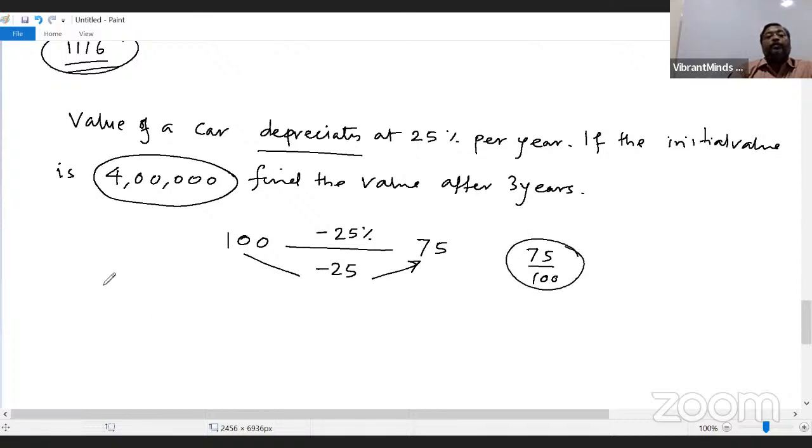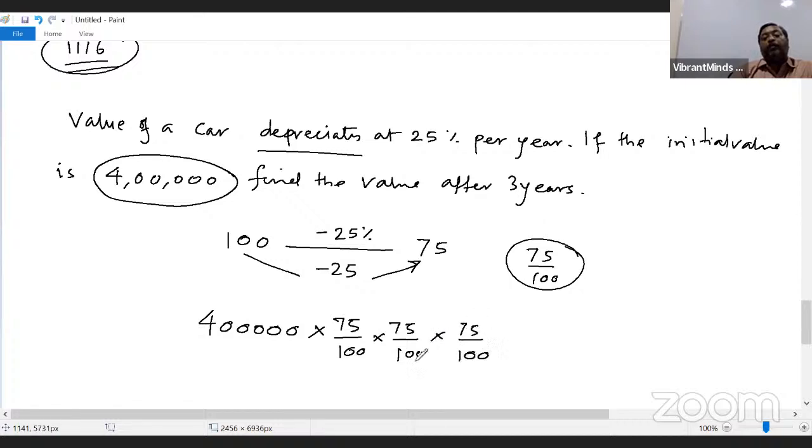Did you get my point? So in the same way, we can say 4 lakh multiplied by 75 by 100 into 75 by 100 into 75 by 100. Most shortcut.